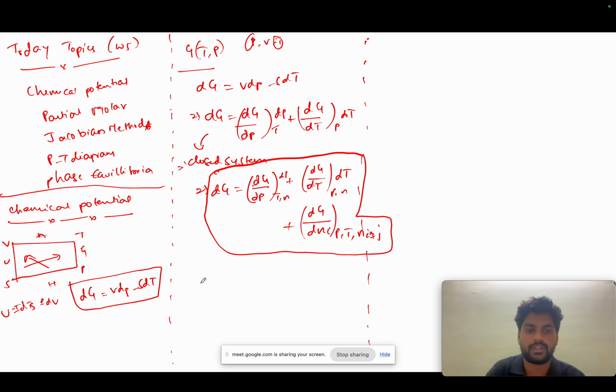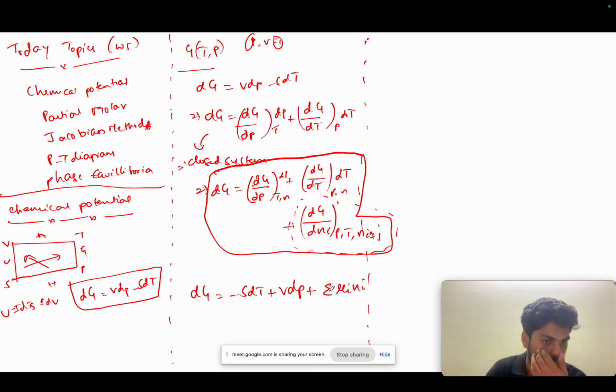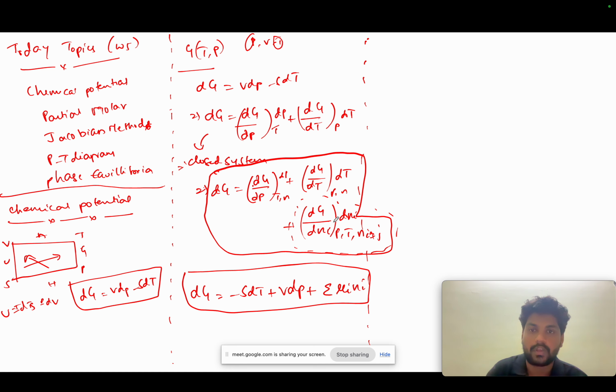From this equation, this part we call the chemical potential. So this will be written as dG equals minus SdT plus VdP plus the sum of mu_i dni.